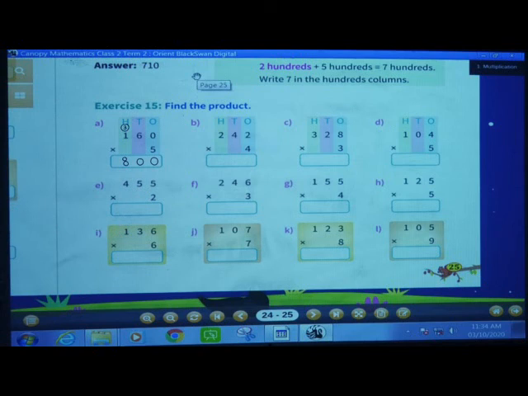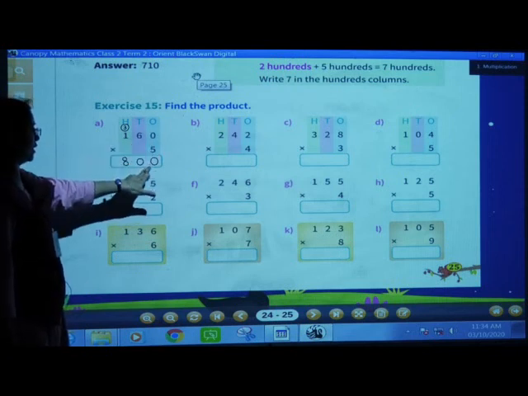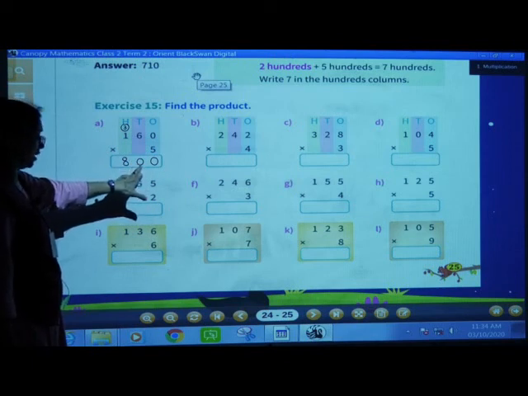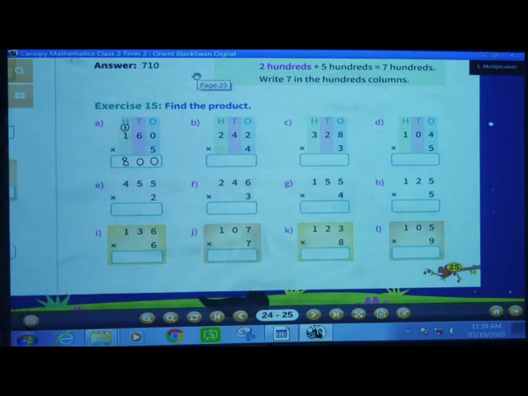Means 160 multiplied by 5 is 800. 5 zeros are 0, 0 in the tens place and 3 carried over, 5 ones are 5 plus 3 is 8. Understood?